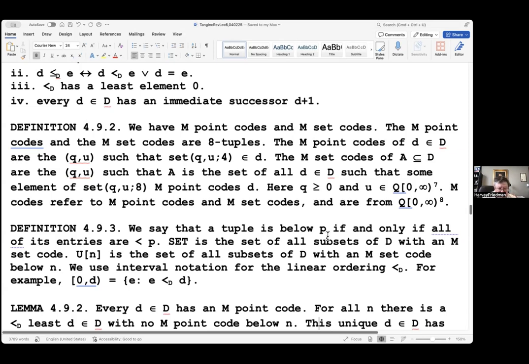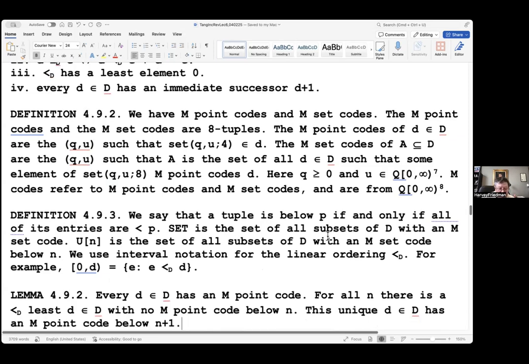That's clear, that we want that definition. U of n is the set of all subsets of D with an M set code below n. And we use interval notation for the linear ordering less than D, for example, square bracket 0, D, right open, uses a notation like this.